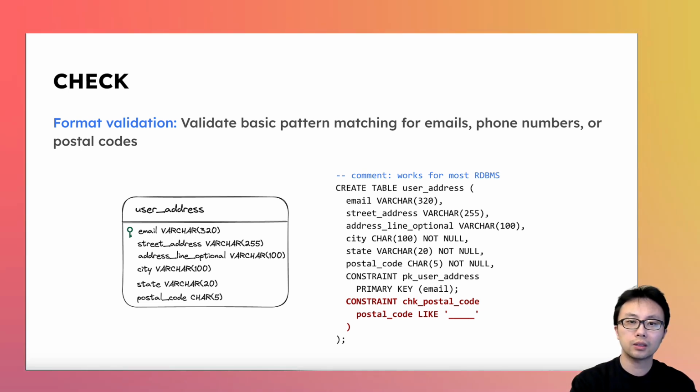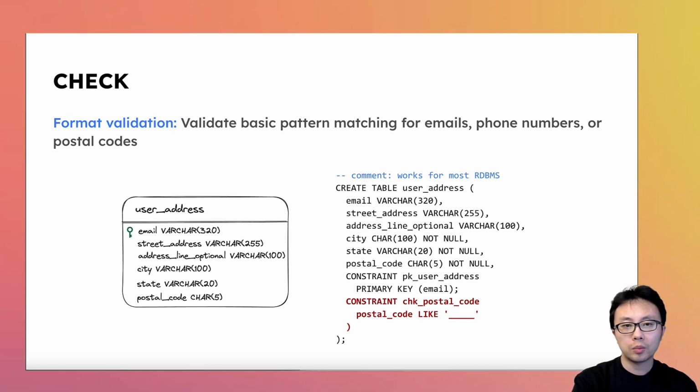Indeed, it's unnecessary. But this is one of the few pattern matching syntax that is consistent across different database systems. Specifically, I'm talking about the like keyword. It is followed by 5 underscores that are wrapped up in a single quotation mark. That's how you express 5 characters.